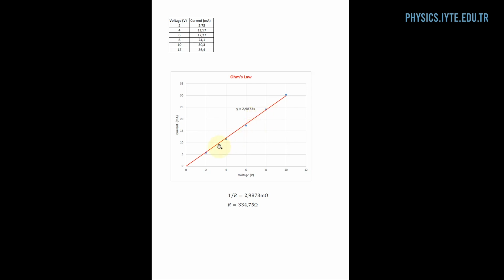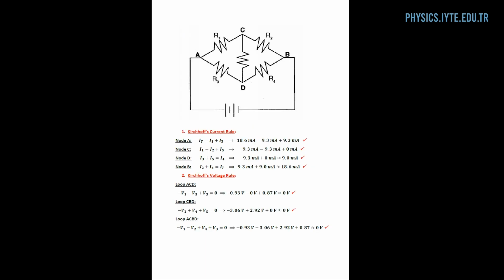The slope of this line gives us the value of 1 over R as 2.9873 milliohms. And from there we get the resistance value as 334.75 ohms. We have used a 330 ohms resistor in the experiment, so we see that our measurements are pretty accurate.